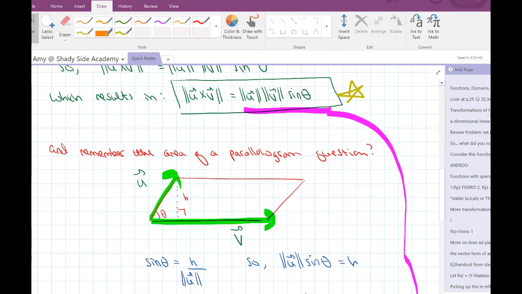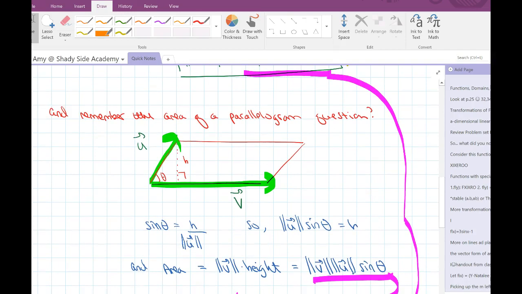And the way you do this is you say, oh, I know the area of this shape is going to be this base, which is the magnitude of v, times the height. And the way that we'd found the height was you found the angle between. Then you'd say sine theta equals h over magnitude of u. You'd use this, right? And you'd say then that h equals magnitude of u sine theta, right? Very good.